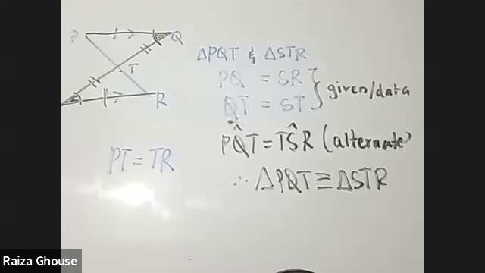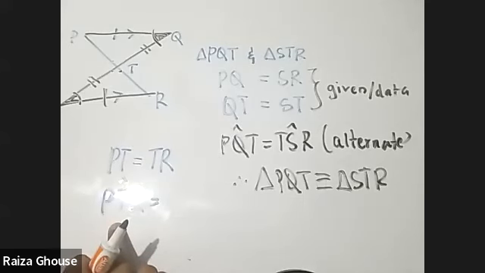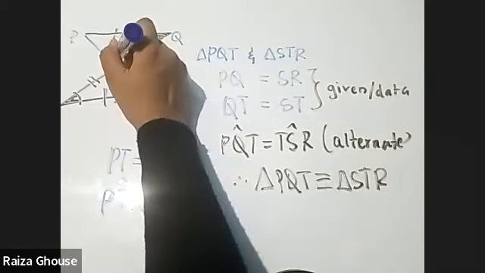Remaining angles, Shashprit, tell me what are the equal remaining angles? Angle PTQ is equal to which angle? I'm asking this angle is equal to which angle?